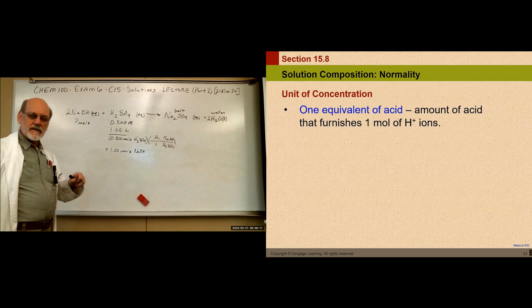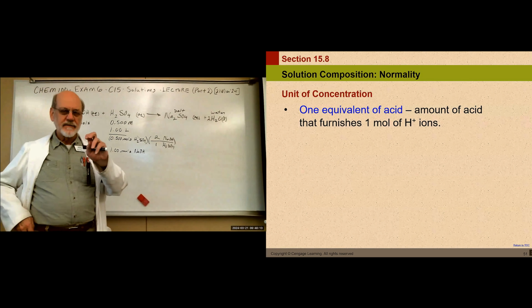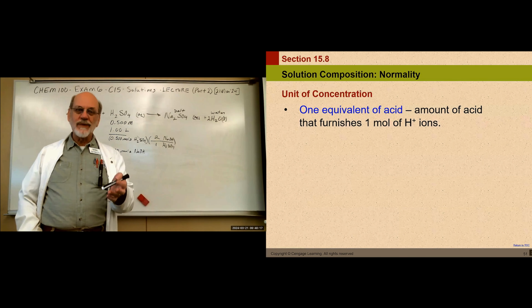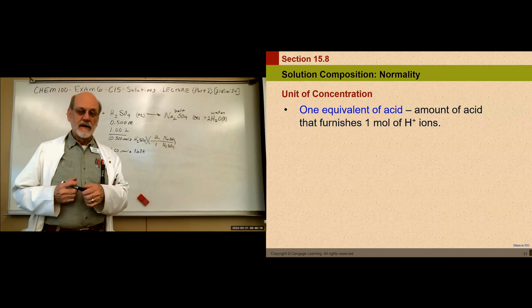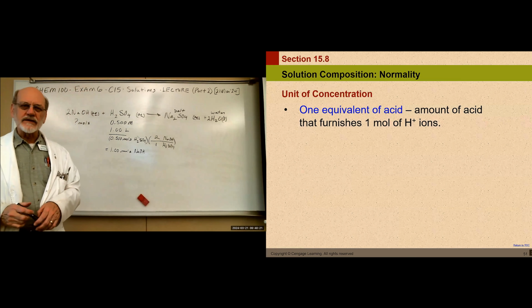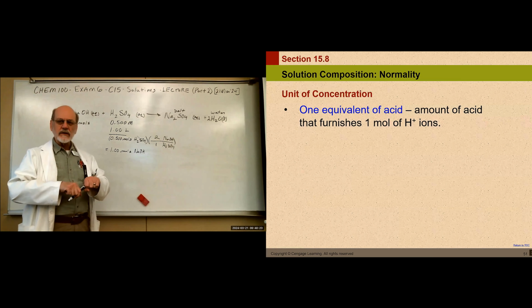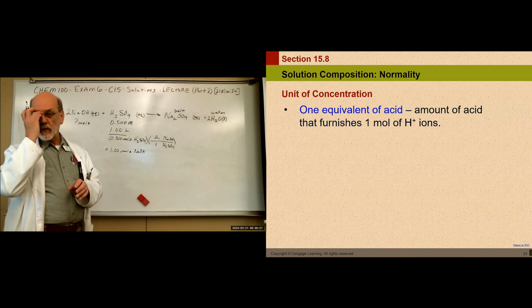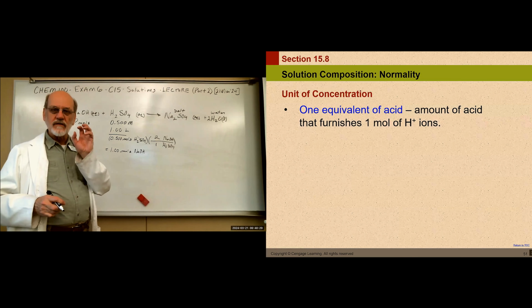All right, now this discussion centers on a new unit of measure called normality. So when we say normality, we're usually talking about acids and bases, but not always. What we're talking about is units of ions.